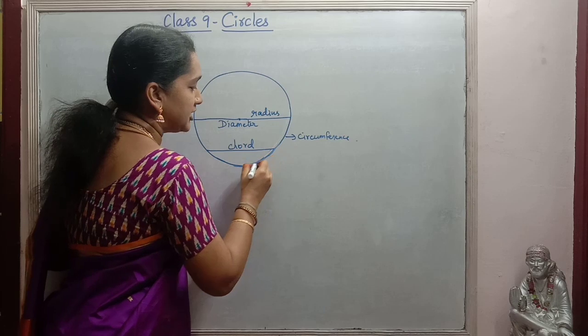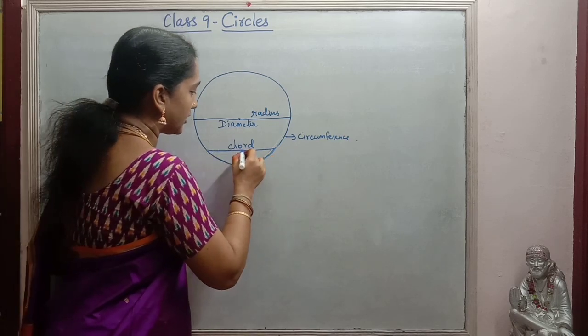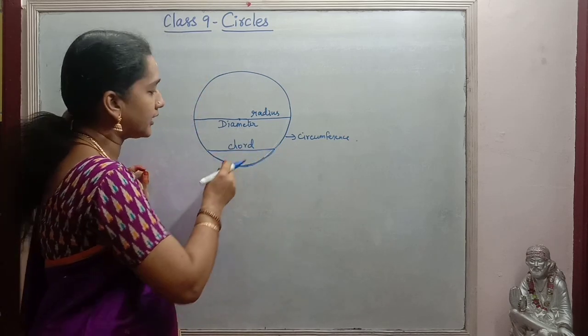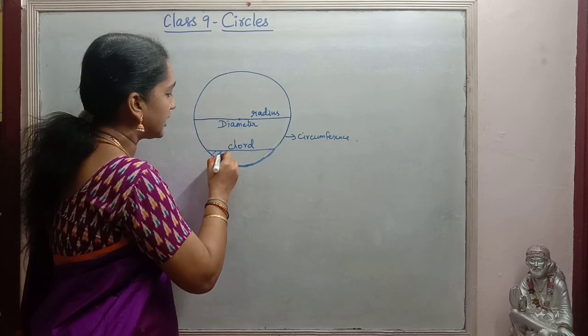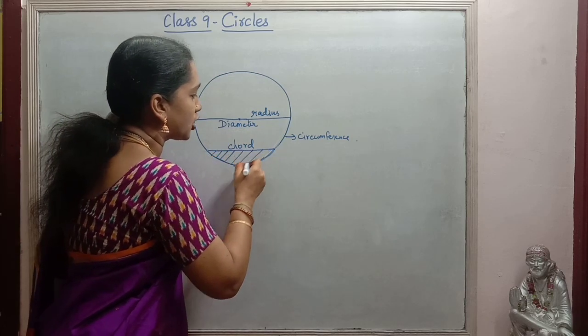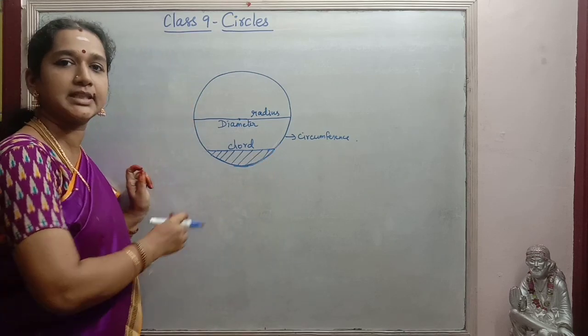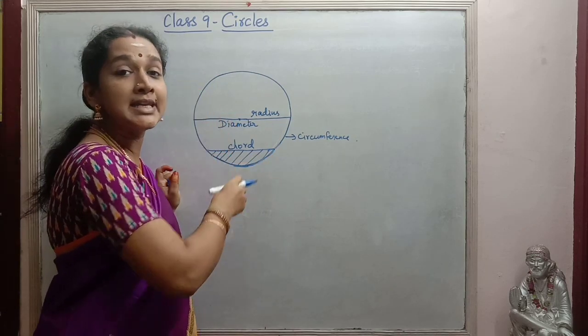The region between the chord and the arc, if it occupies the smaller space, is called the minor segment.